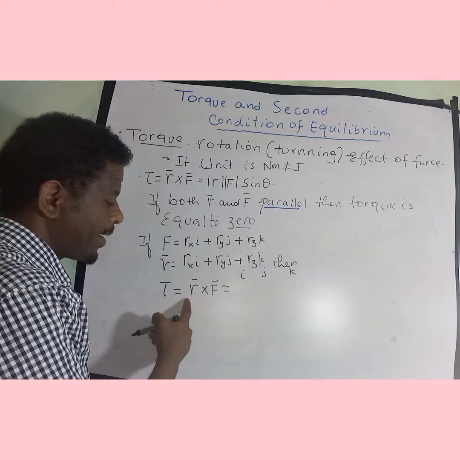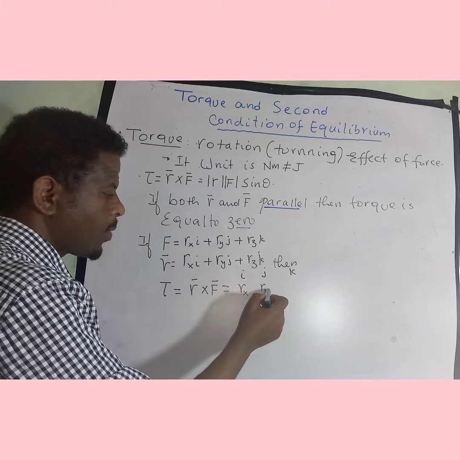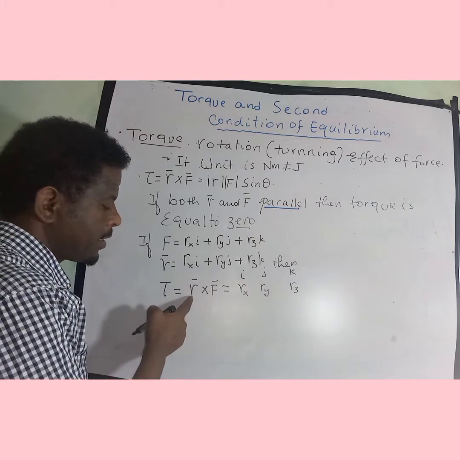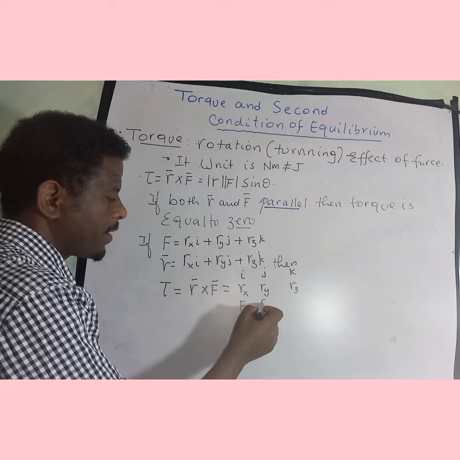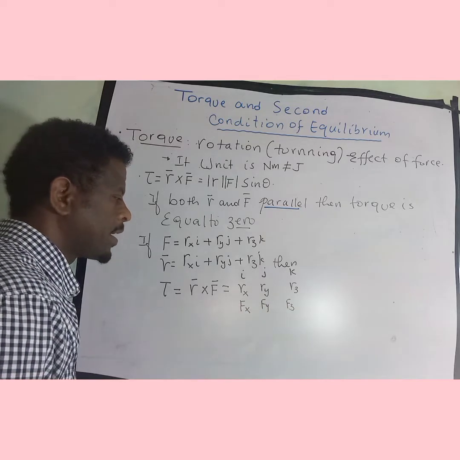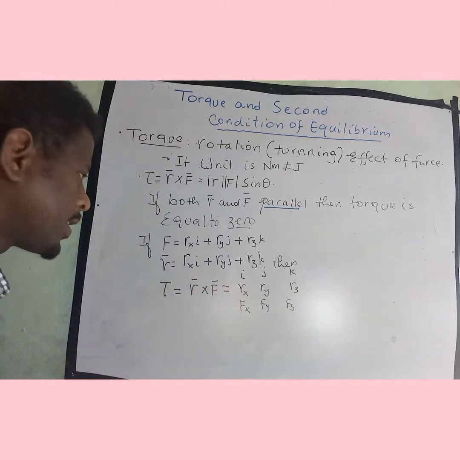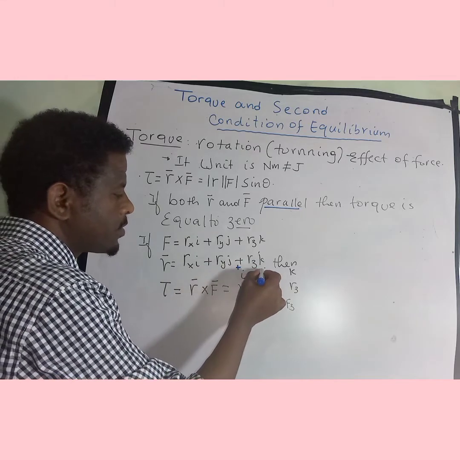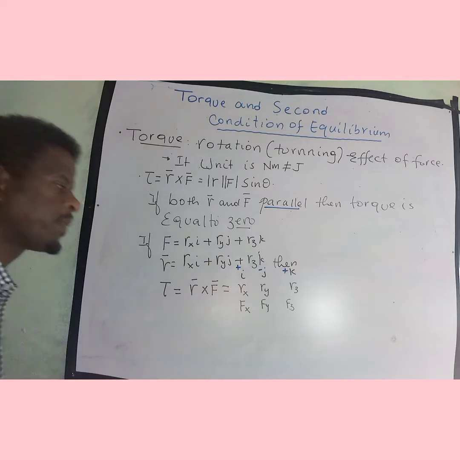First, we write the components of the position vector which are Rx, Ry, and Rz. Then the components of the force which are Fx, Fy, and Fz. In this case, from the matrix rule, the sign for i is positive, j negative, and k positive.